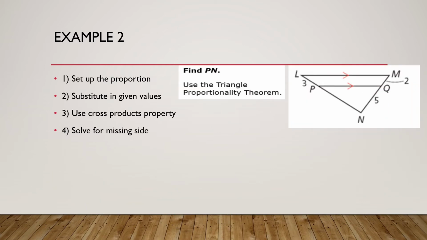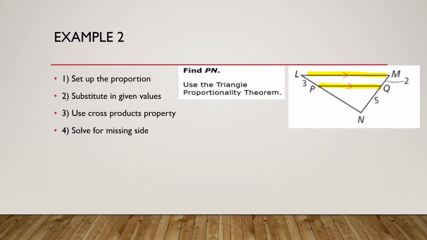The next one, same thing. First, we need to notice if we have parallel sides, and we do, PQ is cutting the triangle and it's parallel to LM. So that means we can use the triangle proportionality theorem. So we want to find PN.